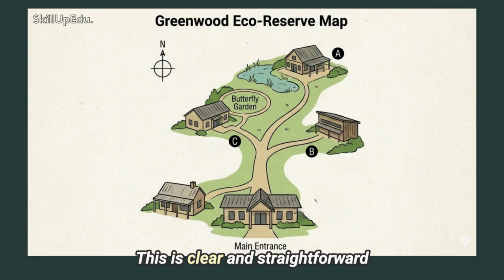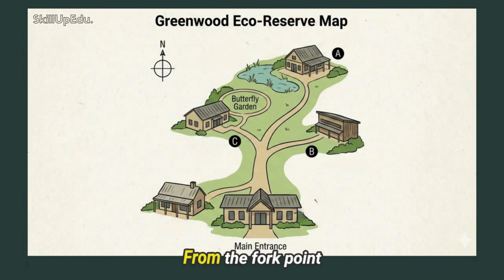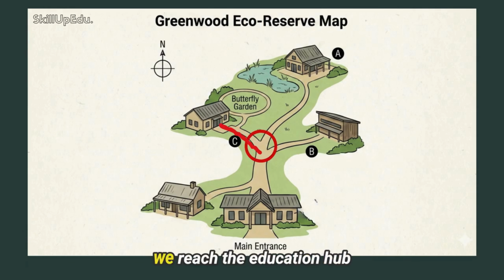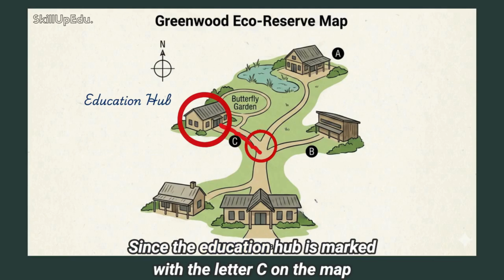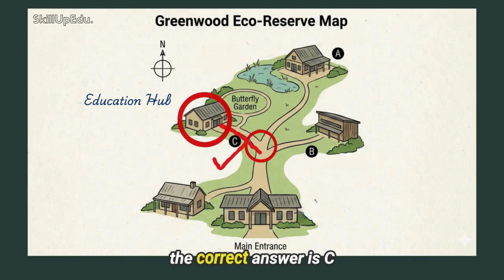This is clear and straightforward. From the fork point, if we take the left-hand path, we reach the Education Hub. Since the Education Hub is marked with the letter C on the map, the correct answer is C.